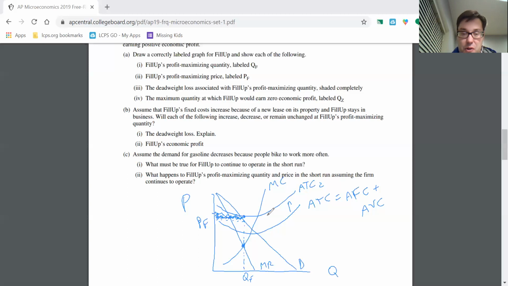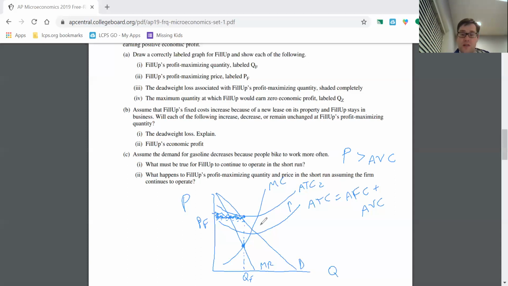What they're asking for in this part is to say that as long as the price is greater than the average variable cost, the firm will remain open. Even if the price is below the average total cost, as long as it's above the variable cost, a firm is making back a little bit of its average fixed cost, so long as that price is at least greater than the average variable cost.